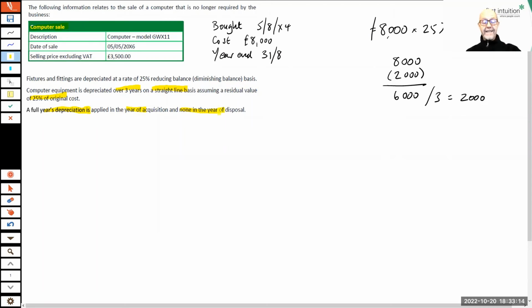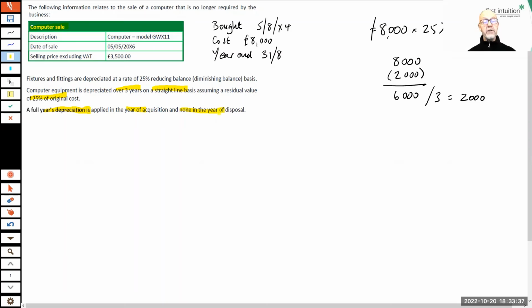If you've sold an asset, it's not there anymore. If you've just bought one 6 weeks ago, it's there. So by charging a full year's depreciation in the year of acquisition, it just means you depreciate everything that is on that register. You don't have to look back at, oh yes, look, there's one there we sold 6 months ago, we've got to charge that as well.